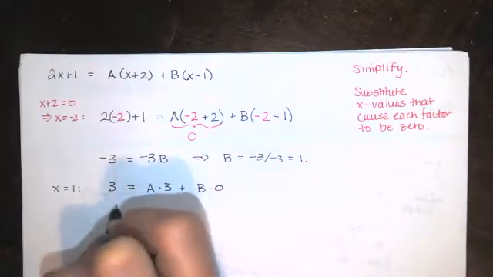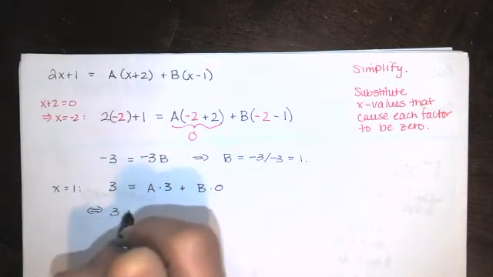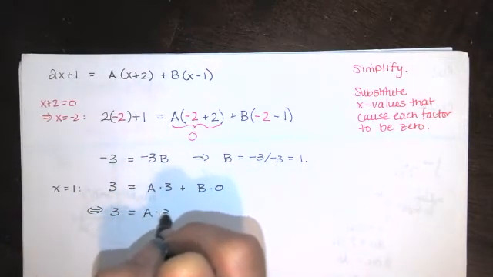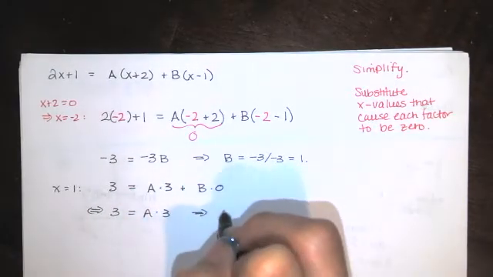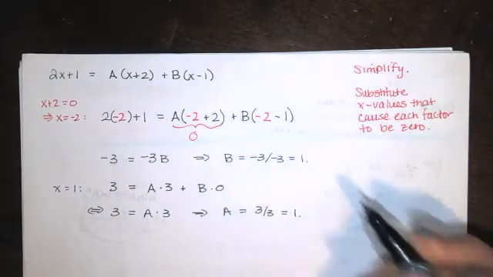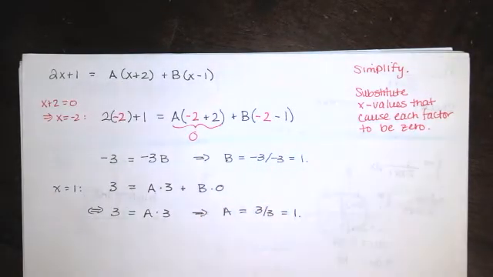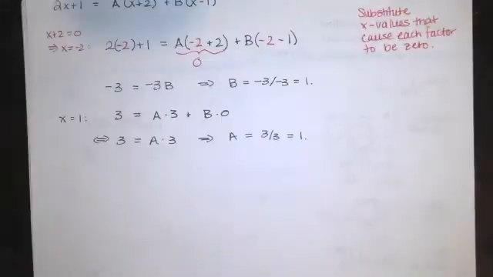Again, we don't often show that step. This just tells us that 3a, or a times 3, must equal 3. So a must be 3 over 3 or 1. So we figured out what a and b must be in order for this equation to be satisfied.